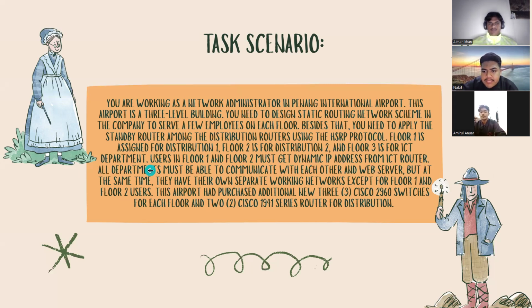All departments must be able to communicate with each other and web server, but at the same time, they have their own separate working network except for the floor 1 and floor 2 users. This airport had purchased additional new 3 Cisco 2960 switch for each floor and 2 Cisco 1941 series router for distribution.